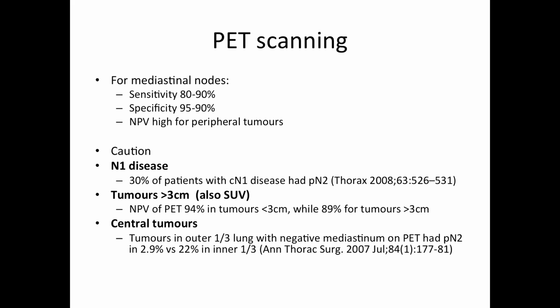And for central tumors, again, those that have a negative mediastinum on PET scanning, the risk is very low for the peripheral ones and much higher for the central tumors. So those are a few things to caution when we have a PET scan that seems to be reassuring. We still need to keep in mind the other issues to raise the question, should we still be thinking about doing a mediastinoscopy?